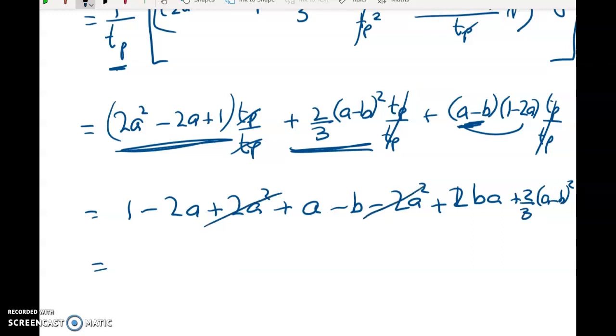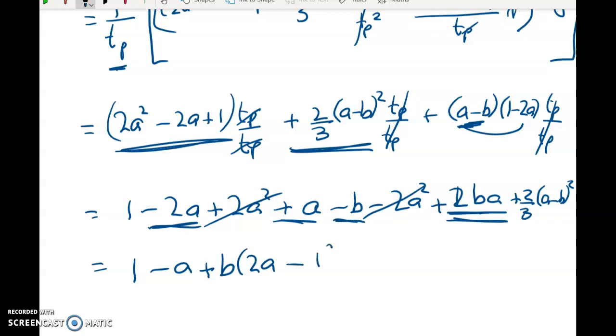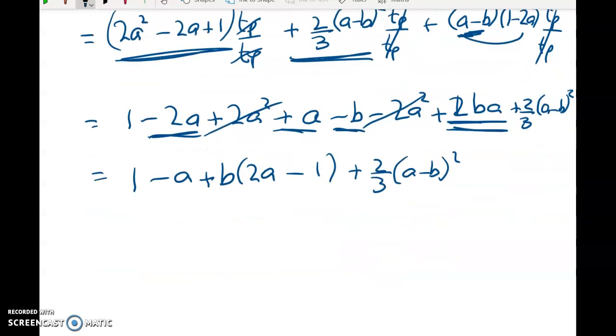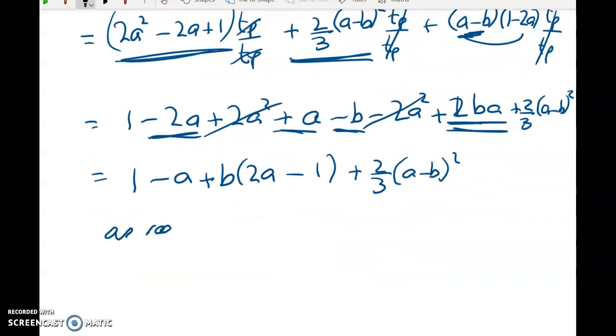Okay, so cleaning up this, what do we get? Well, we get 1 minus 2a plus a, so that gives me 1 minus a, and then I've got plus b into (2a minus 1) here and here, plus 2/3 of (a minus b) squared, as required. So there you go.